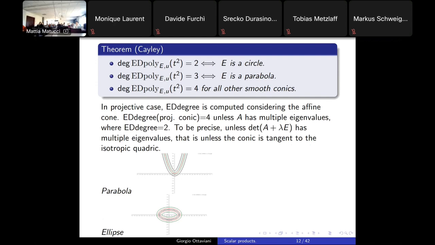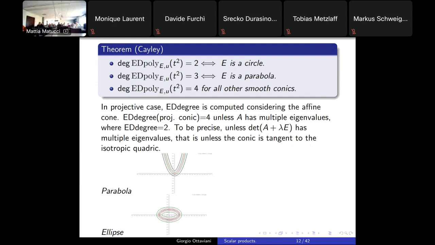The computations are similar, but not exactly equal. And the result is that the ED degree of the projective conic in general is again 4, but now you have a matrix of the conic, and the degree drops exactly when it has multiple eigenvalues.